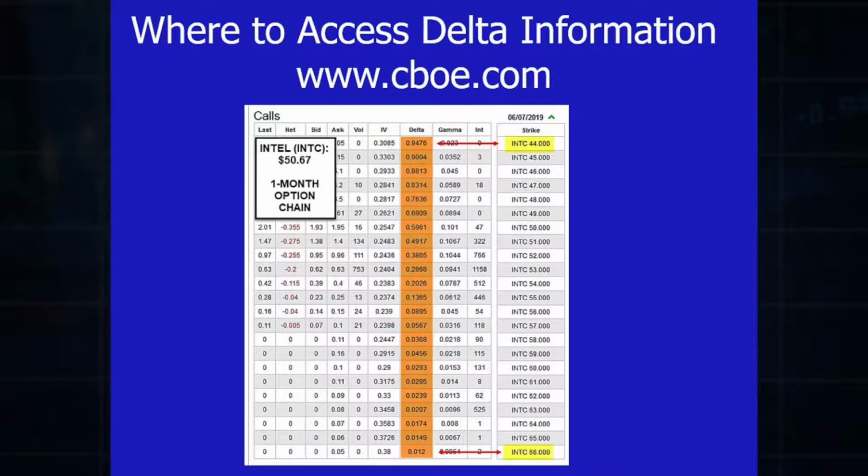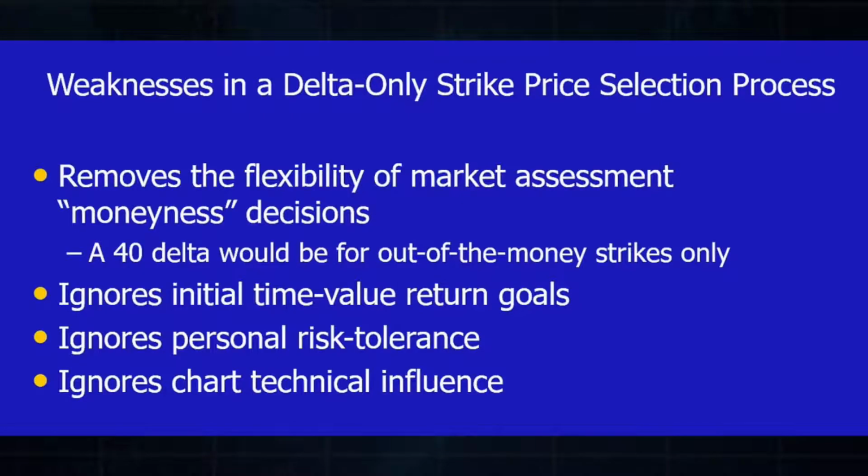So what are the weaknesses of using a delta-only approach for option selection? Well, it removes the flexibility of market assessment or the moneyness decisions. Remember, if you are bullish on the market, you're going to want to go out of the money so you can take advantage of share appreciation in addition to the option premium.